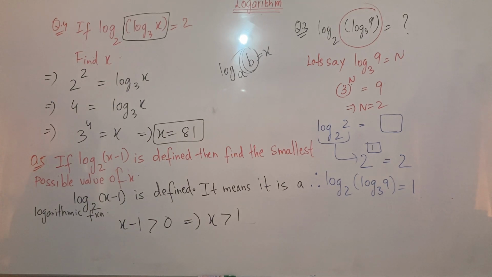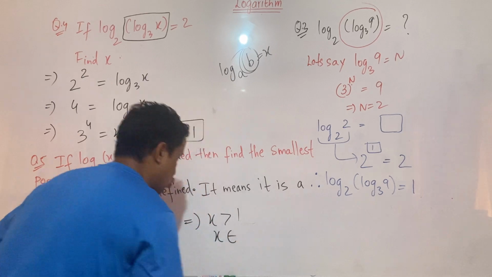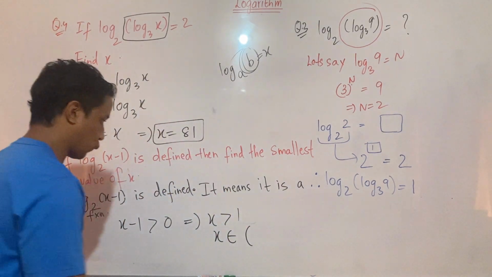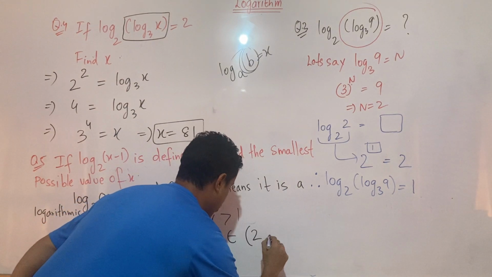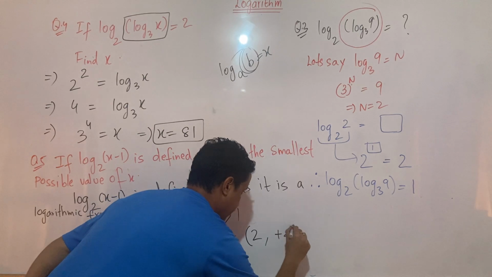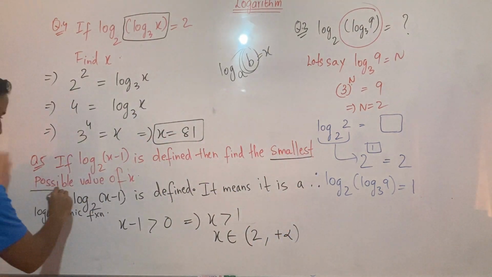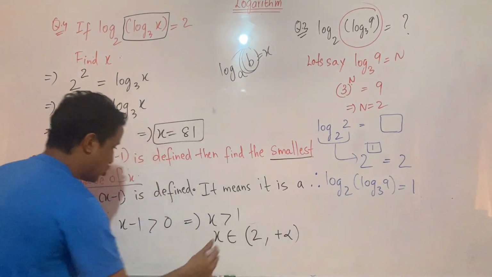It means that the value of x is going to be any value between 1 and positive infinity. But the question says the smallest possible value of x, so the smallest possible value would be 2.